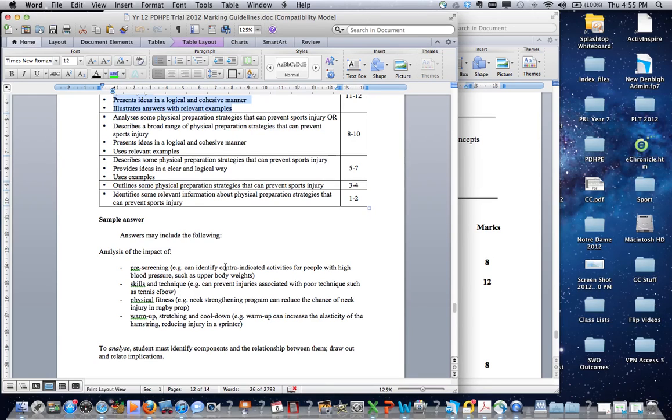You could have picked any of the components of fitness and related that fitness to the sport and how it is going to prevent injury. The example you can see here is the neck strengthening program in rugby union or rugby league for a rugby union prop, which would assist them when they carry out scrummaging so they are not injured.